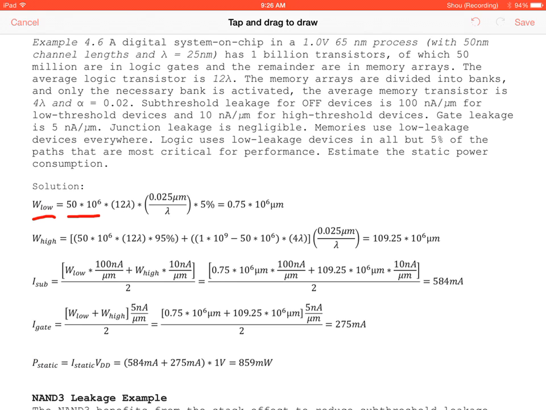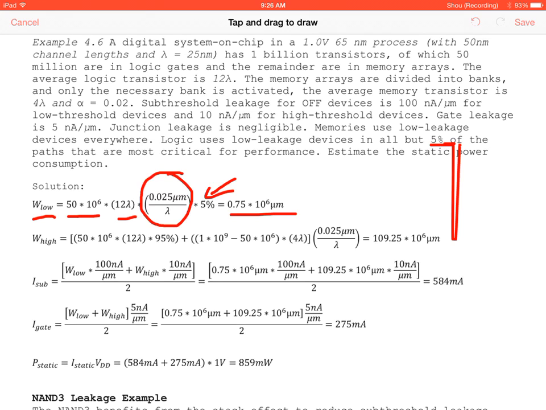So this is 50 million, and we've multiplied it by our lambda. And we know that it's 0.25 micrometers per lambda. And additionally, all but 5%. So we've calculated our width of all of the transistors in that particular area for our critical for performance.